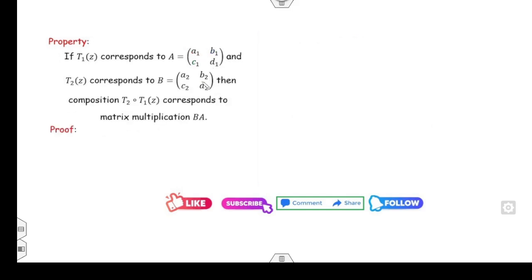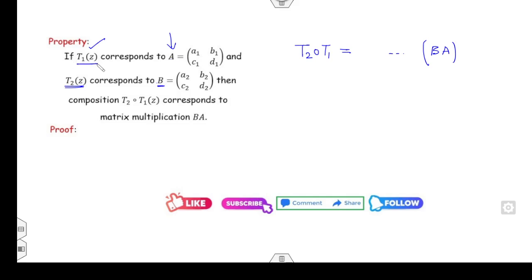Another property is: if T1 is a Mobius transformation corresponding to the matrix A, and T2 is a Mobius transformation corresponding to the matrix B, then T2 composition T1 corresponds to the matrix representation of B multiplied by A. You can simply multiply B into A, and you will get the Mobius transformation.